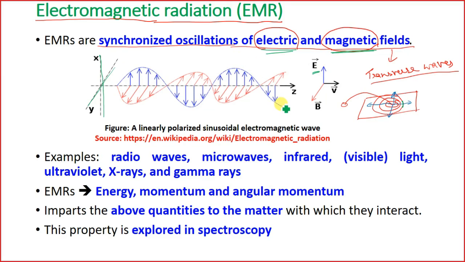Whereas the magnetic field, which is marked by these red lines, is moving in the y plane. Okay, and if you see the x plane and the y plane, they are perpendicular to each other. Hence, electromagnetic radiations fall under the category of transverse waves. Okay.